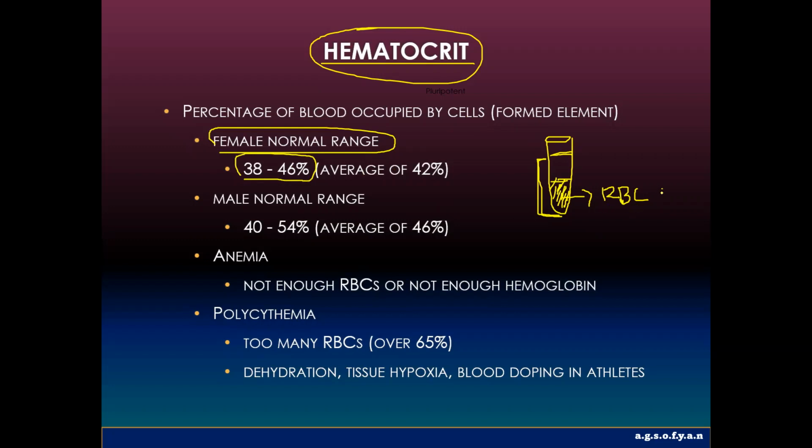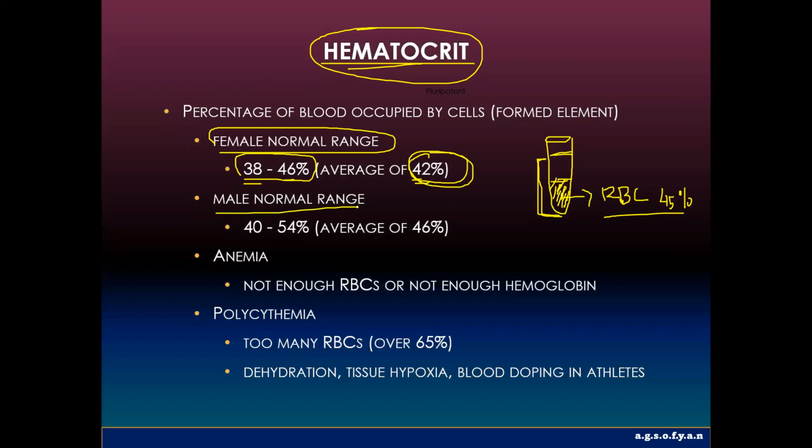Remember, the average over here is 45, so 45% is actually the average normal value for humans. For females, about 38 to 46, average 42. So a healthy female normally has about 42% red blood cells. This is the hematocrit value, 42% for females.